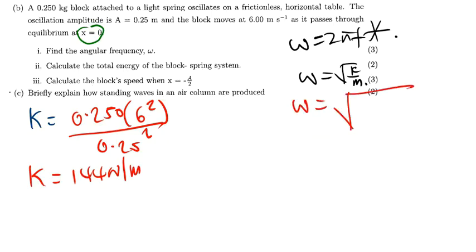So I'll say the square root of k, which is 144, over the mass, which is 0.250. Okay, so what is the angular frequency? 144 divided by 0.250, then I square root this. I'm getting 24.